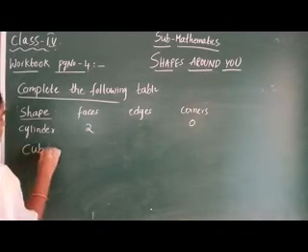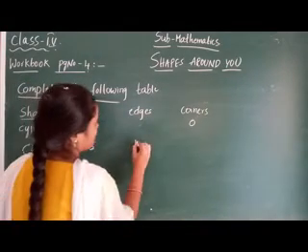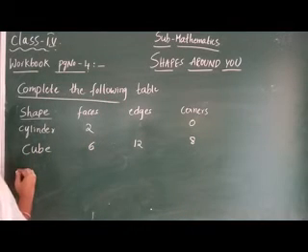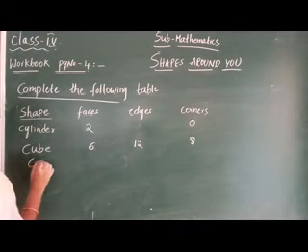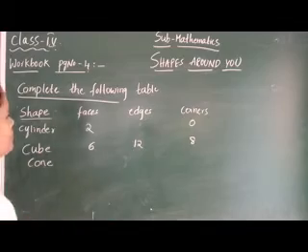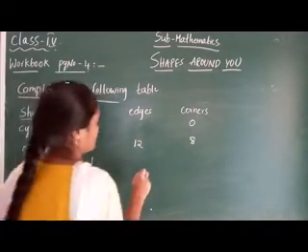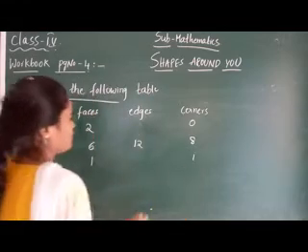Cube, see, 6 faces, 12 edges, 8 corners. Cone, 1 flat surface, one corner and no edges.